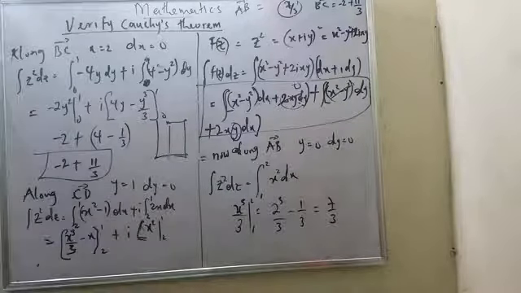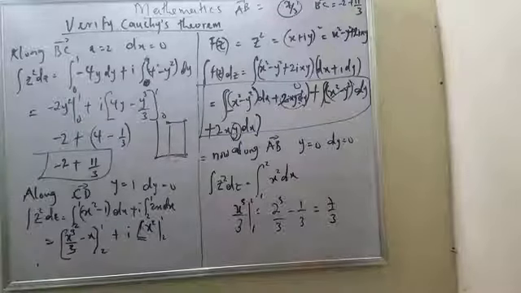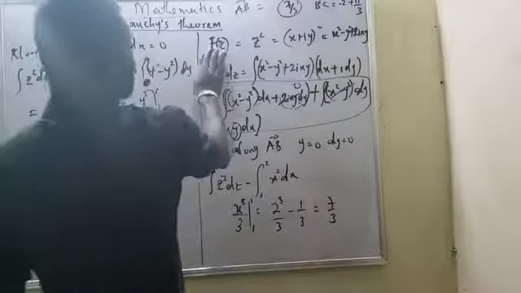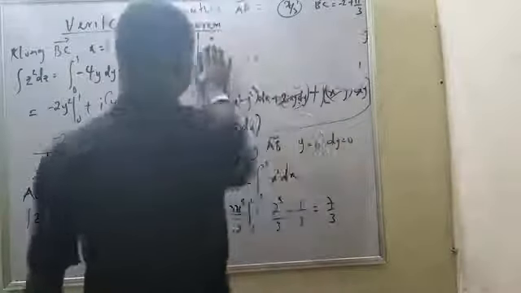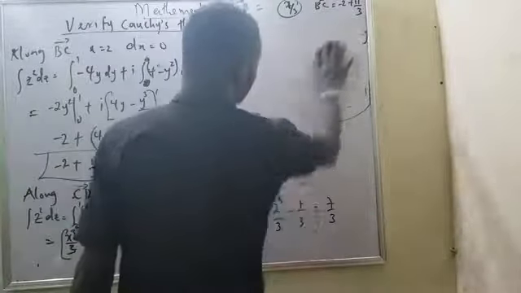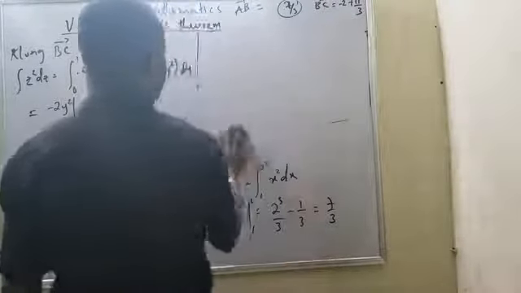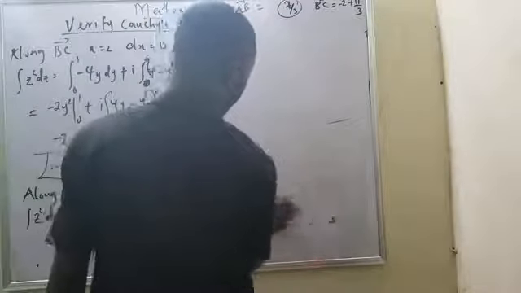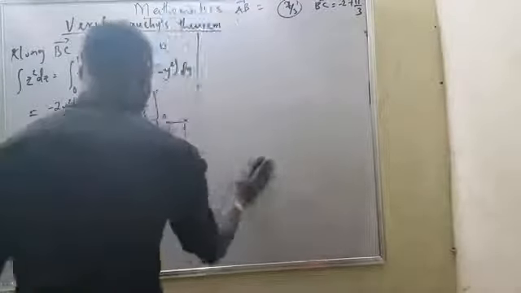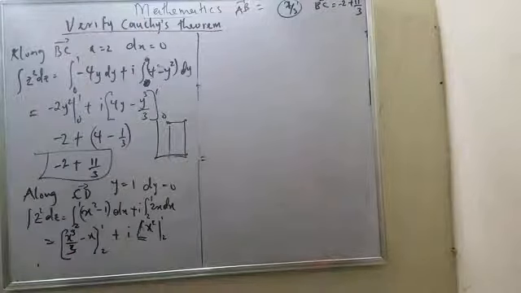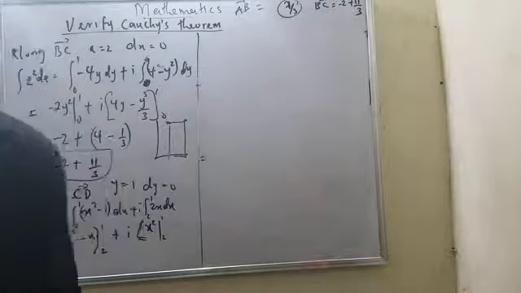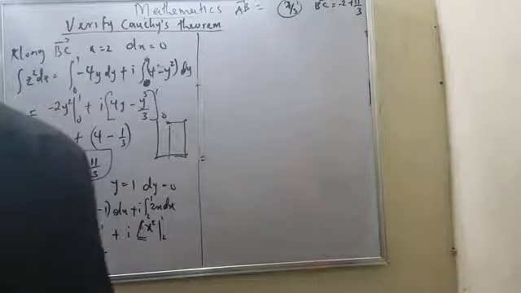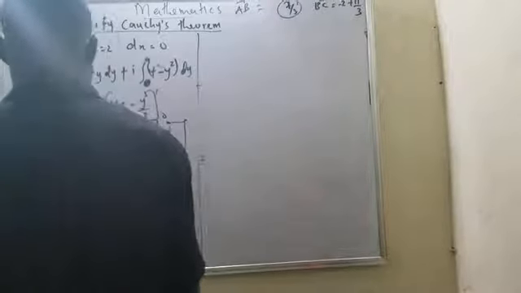Now, with this, I'm good to go. Can you see how powerful integration is at this point? If you are not very good in integration, it will really affect you. I won't lie to you. You will have to be very good in integration.